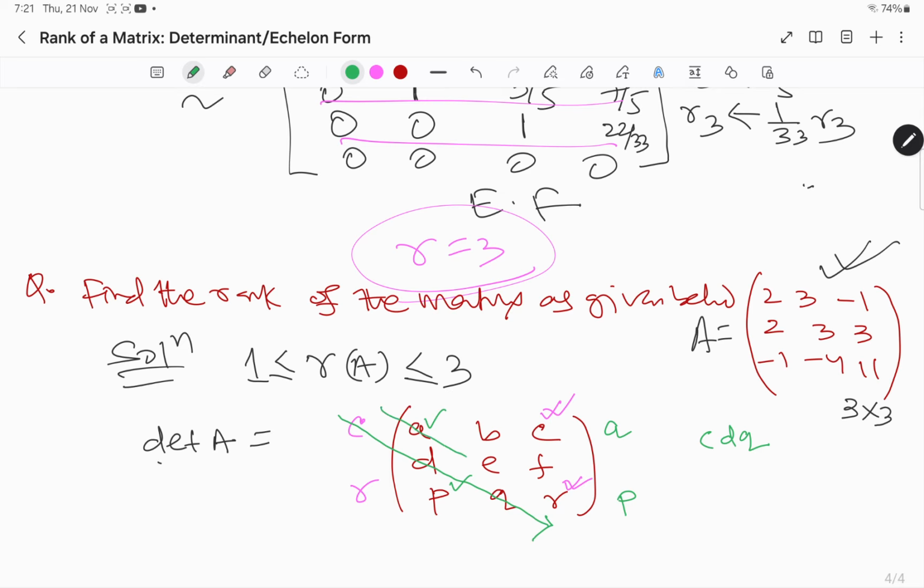Then you multiply this, plus AER. Then plus you multiply this, it is BFP.